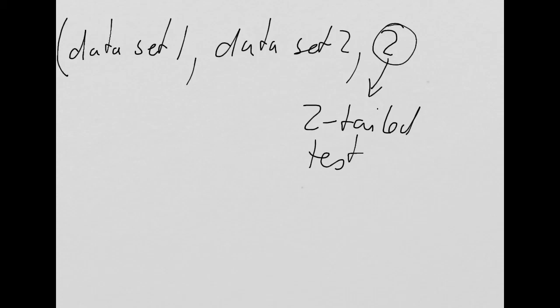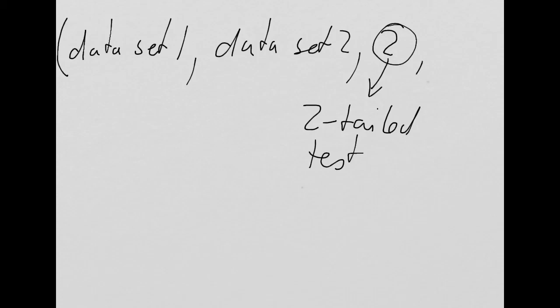You just assume that the two sample means are not the same. If you want to be more specific and say sample 1 is bigger than sample 2, then you go for a one-tailed test, and this would be a 1.